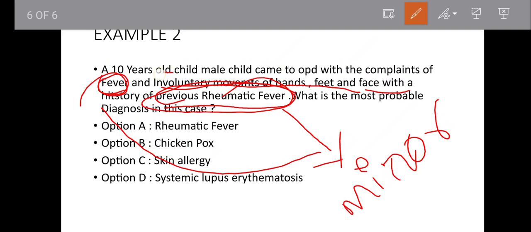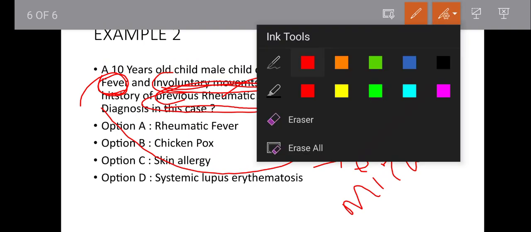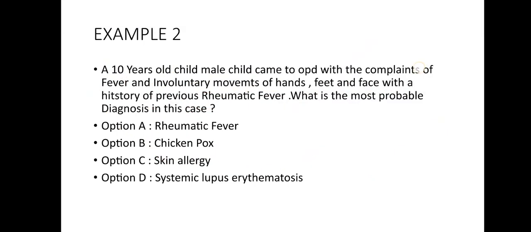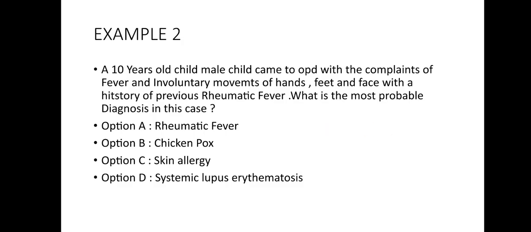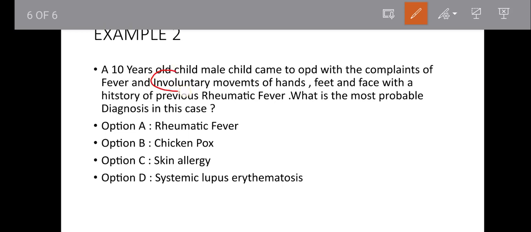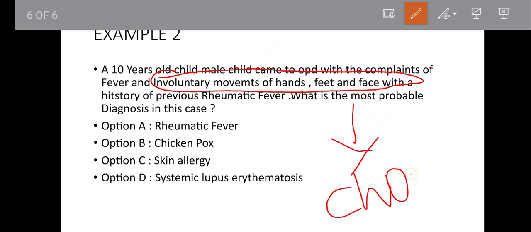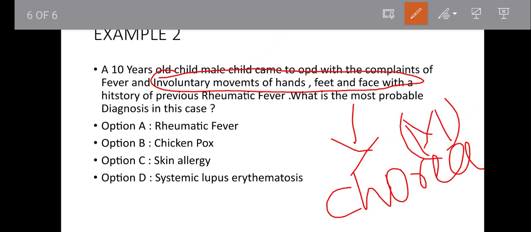See, the involuntary movements of the hands, feet and face is called chorea. This is one of the major manifestations in the Jones criteria.